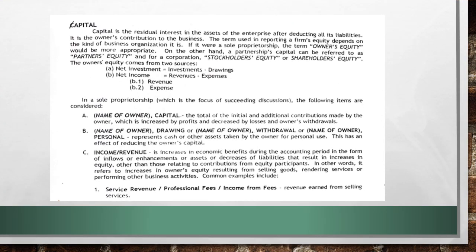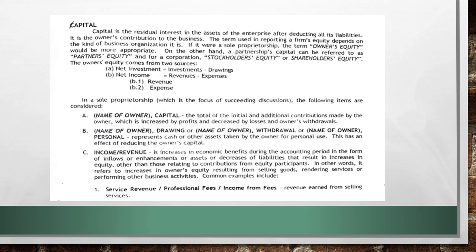The third element of accounting is the capital or the equity. So, ang term natin dito, residual interest. Sources, na-discuss natin yan kanina, from the net investment and from the net income. Important reminder, kapag sa sole proprietorship, ko-consider natin yung name of owner capital.